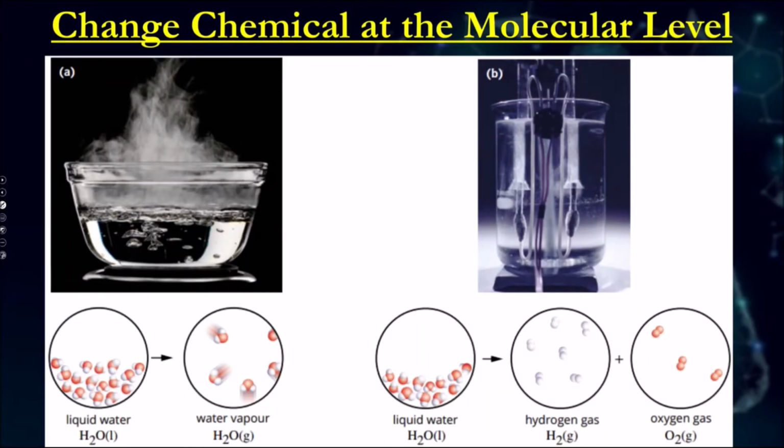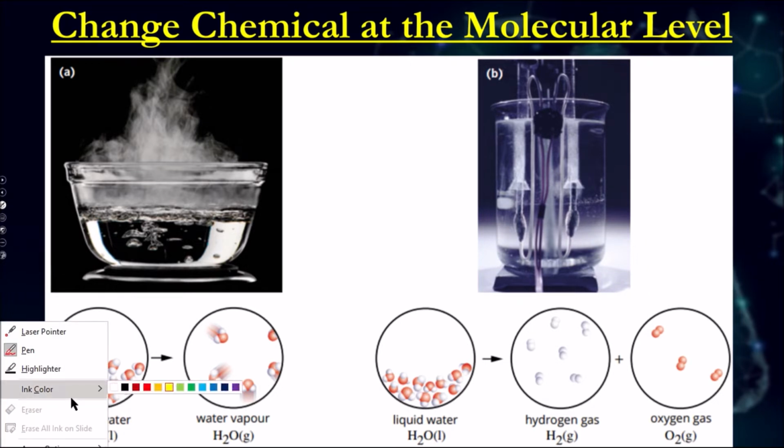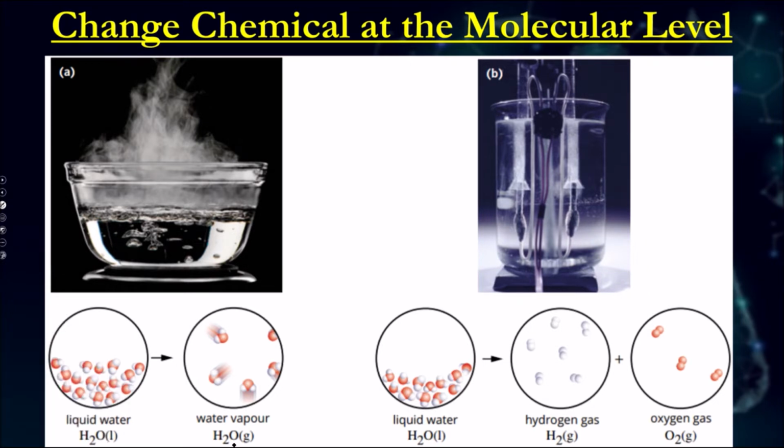So what's actually happening in a chemical change at a molecular level? Let's compare the physical change of water and the chemical change of water. This is the physical aspect. Let's just say simple boiling water. What's happening when we're boiling water?